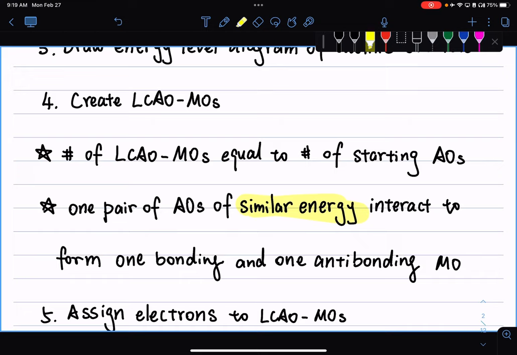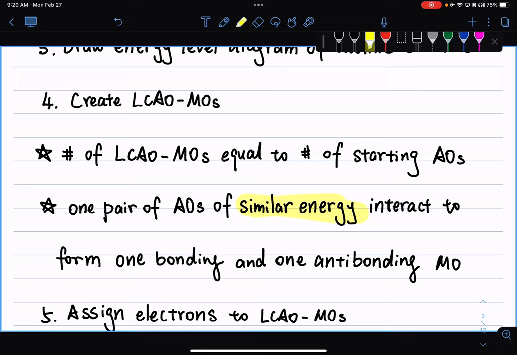Next step, what happened to the rest of the atomic orbitals on your fluorine? Your hydrogen doesn't have any other atomic orbitals fluorine can interact with. So whatever is left over will become our non-bonding molecular orbitals. They come from atomic orbitals of fluorine alone. They don't interact with your hydrogen, so these are called non-bonding molecular orbitals.